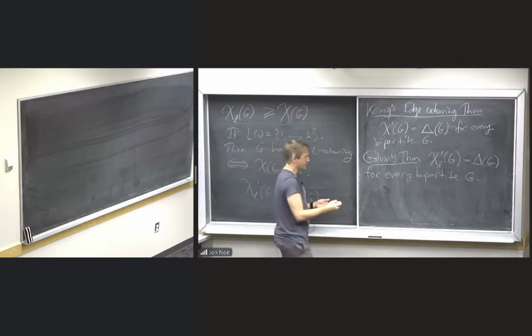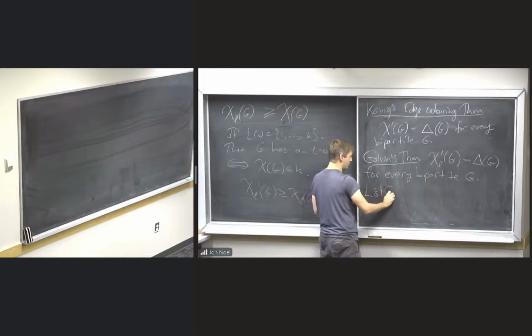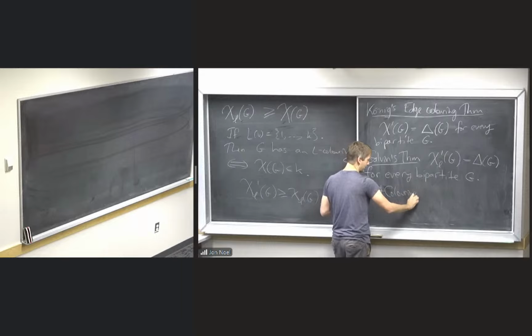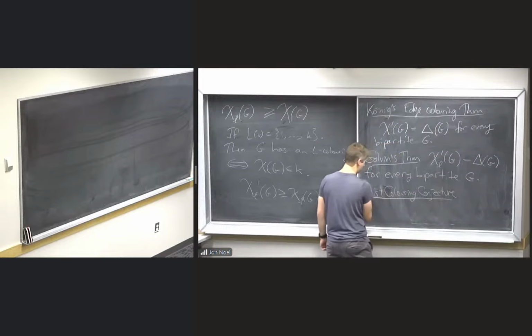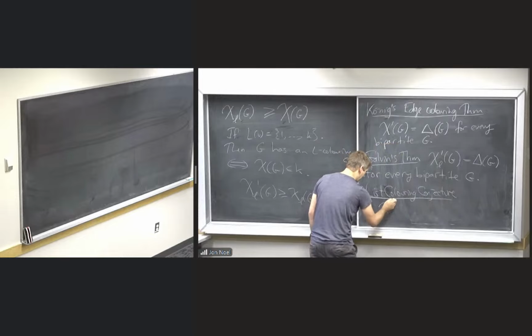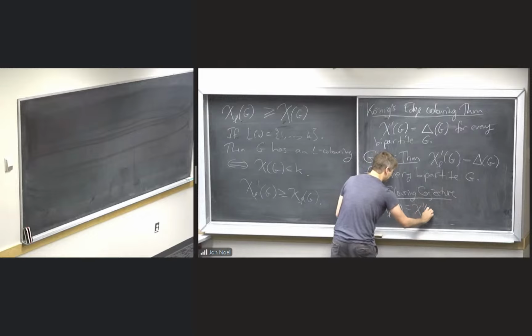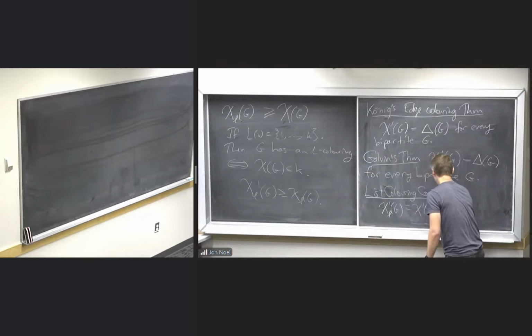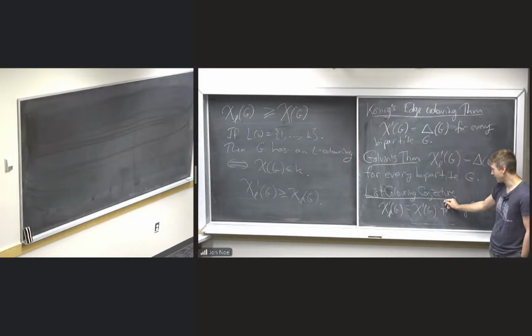And actually, this is related to a famous open conjecture called the list coloring conjecture, which says that for every graph, the list chromatic index of G should equal the chromatic index of G, for every graph G. So not just bipartite graphs, but every graph. It's a conjecture, so we don't know if it's true or false.